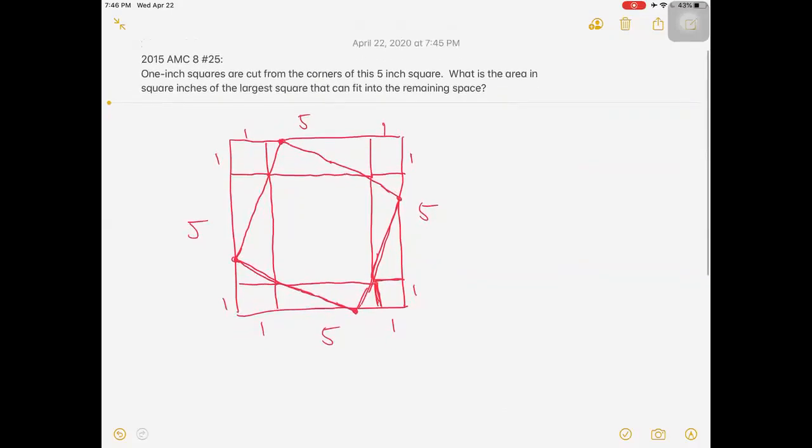So since the total side length is 5, and each of these small squares is 1, we know the side length of this square right here is 3.